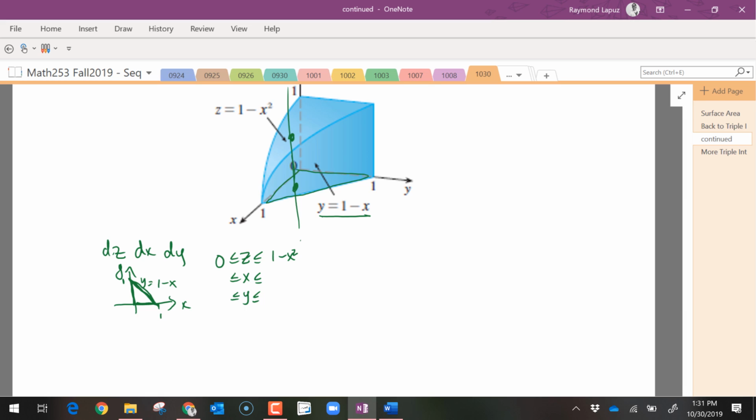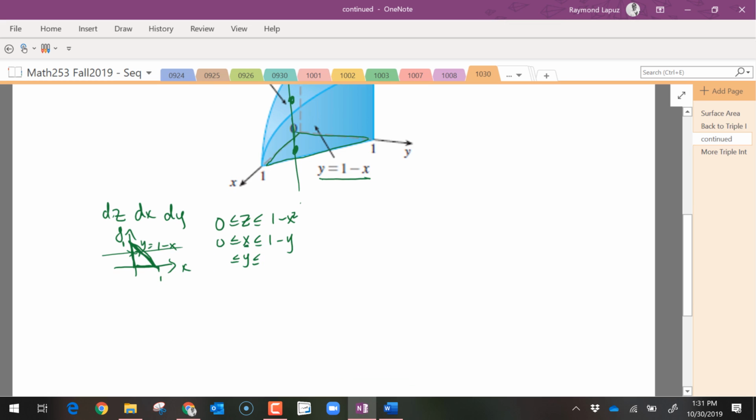So if I were to draw a line parallel to the x-axis going into the region, I'm going to enter through x is equal to what? 0. And then I'll be inside of the region. I'll exit through x is equal to that line, 1 minus y, right? And then y limits are what? Constants, 0 to 1.